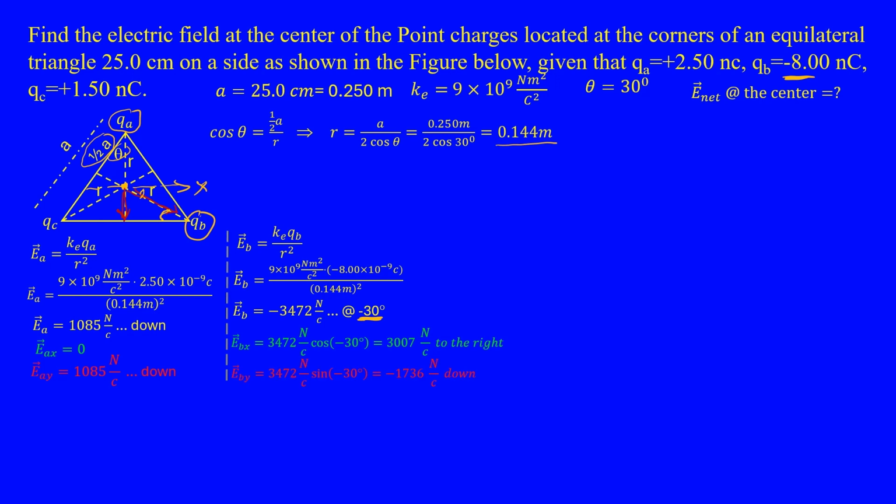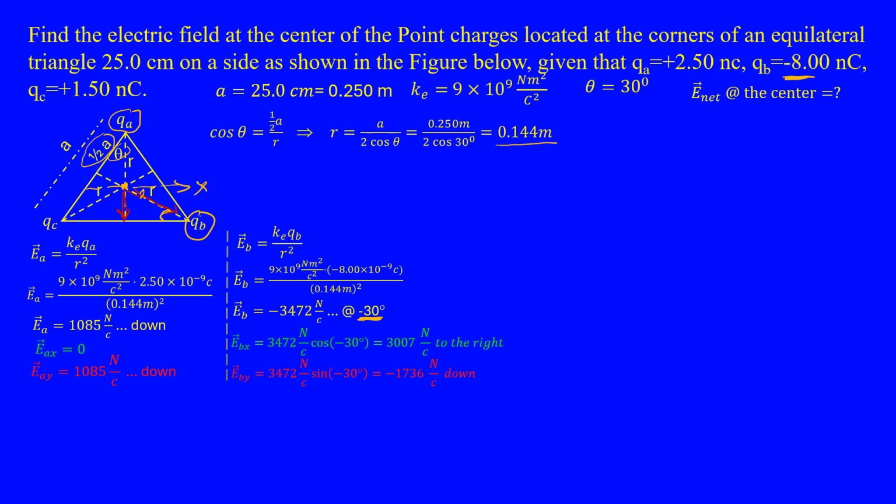What about the y component? The y component is the electric field at that point due to charge B multiplied by the sine of the angle. That will be 3,472 newton per coulomb multiplied by the sine of negative 30 degrees, and that yields negative 1,736 newton per coulomb, and the direction is downward.